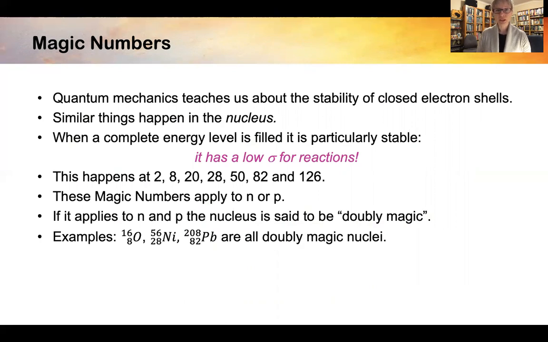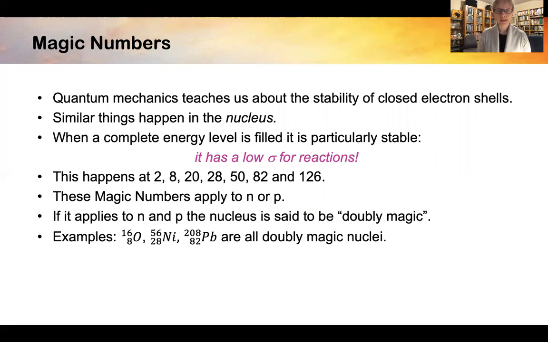When a complete energy level is filled, it is particularly stable, and for our purposes, it has a low neutron capture cross-section. This happens at numbers of 2, 8, 20, 28, 50, 82, and 126. These magic numbers apply to neutrons or protons, so either for neutron captures or proton captures.